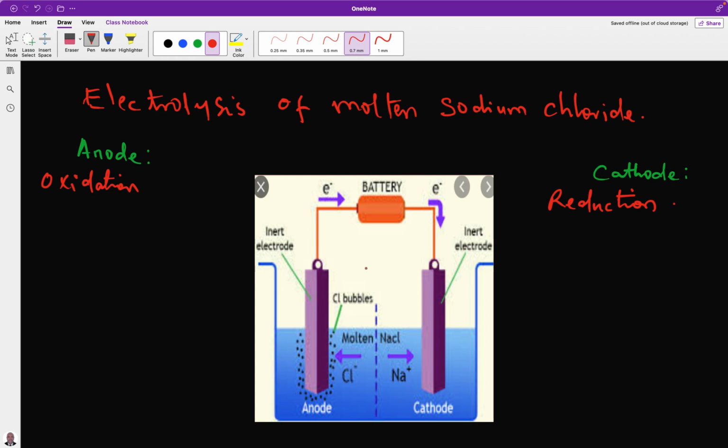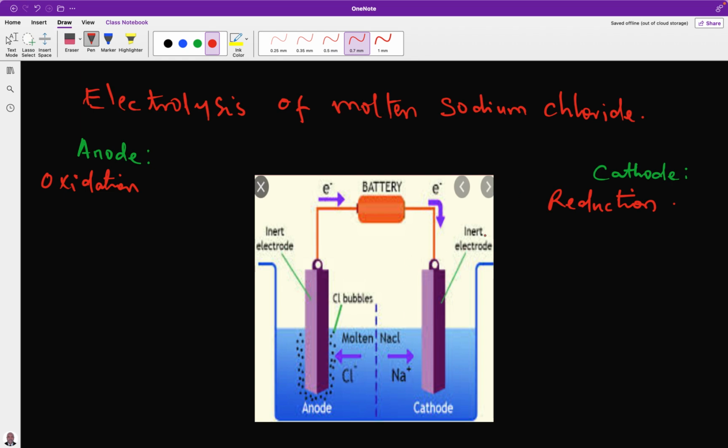Now, we have molten sodium chloride. Again, there's no water involved. So the only two ions there are the sodium ion and the chloride ion. The same thing that happened with molten magnesium chloride is going to happen here.